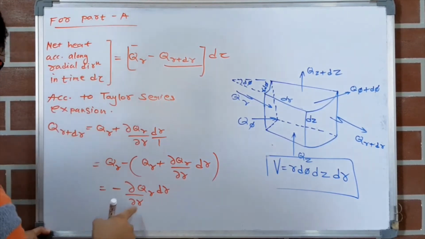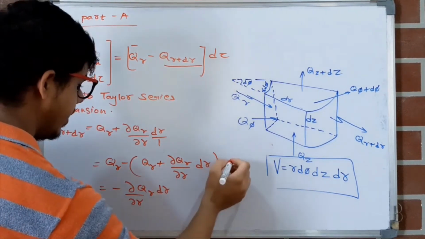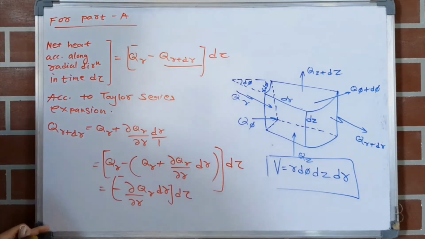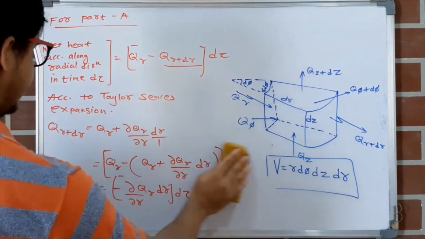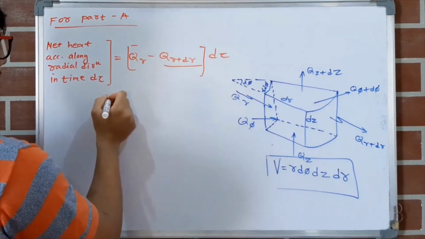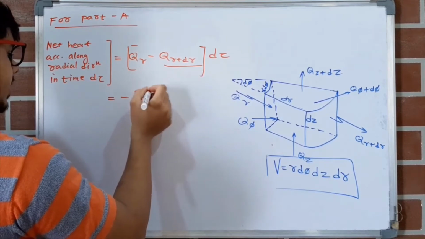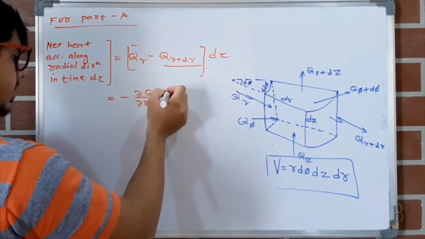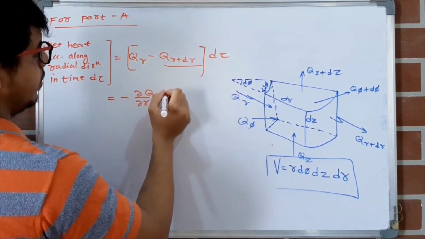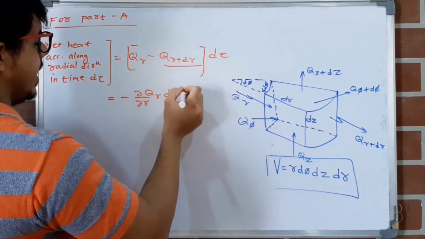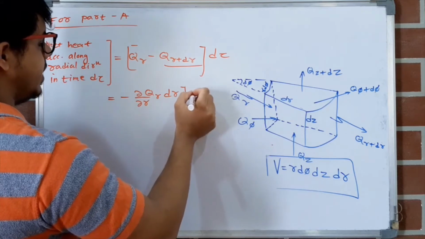So this will be minus del Q R by del r into dr into d tau. Okay, if I write properly, we will get minus del by del r into Q R into dr into d tau.